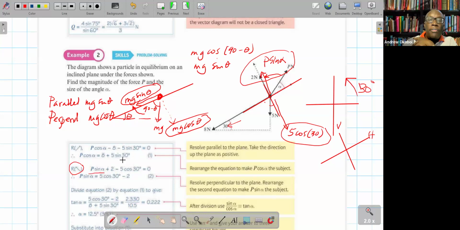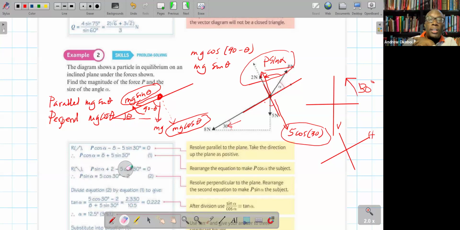So P sine alpha, which is this one here, plus 2, which is this one here, should equal, and that's what they've written here, 5 cos 30, which is this one. And that's why when we take the 2 that we have added and subtract 5 cos 30, we get 0. Now, what they've done is they've rewritten this so that P is by itself and all the other numbers on the other side.